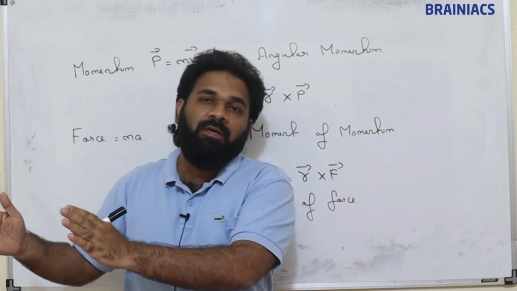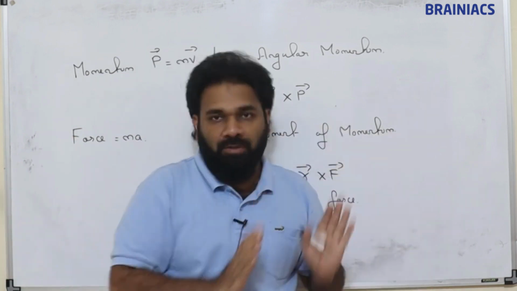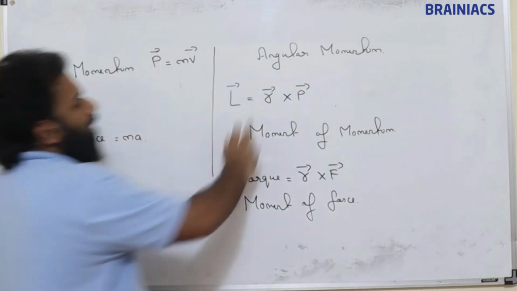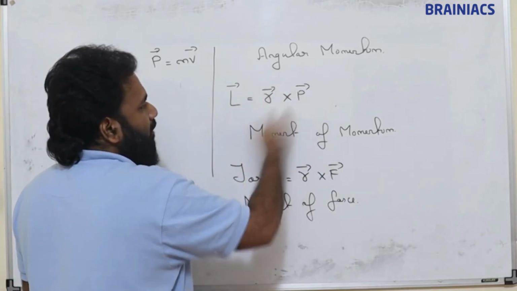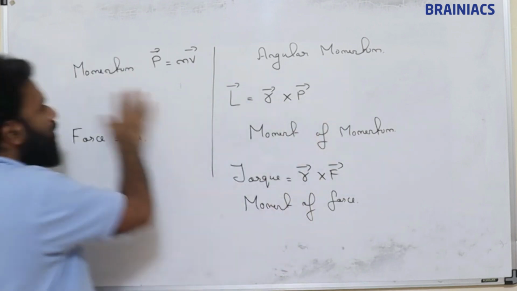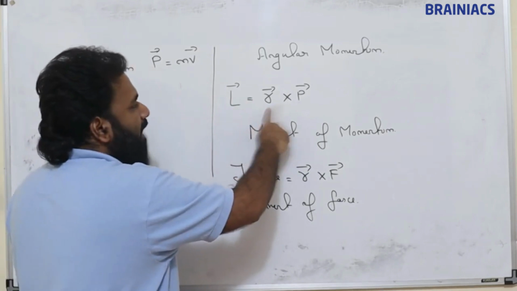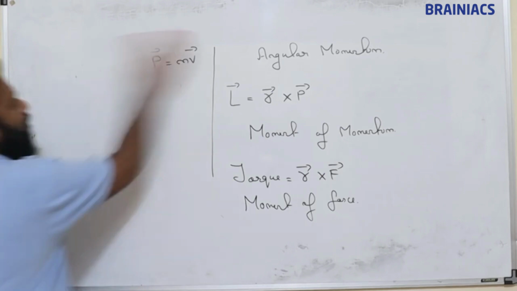Whatever concepts are there in linear motion, we take the equivalent and apply it in rotational motion. So the counterpart of momentum is angular momentum, with the formula r cross p. Everything we will see now.